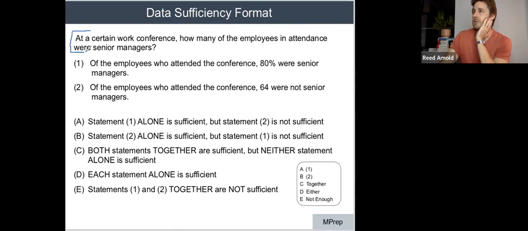It always looks like this. There's always a question up top, 2 statements, and then these 5 answer choices in this order with this language. And the idea in data sufficiency is that you are trying to figure out where in these 2 statements there is enough information to answer the question that is asked, or is there not enough information to answer the question that is asked?